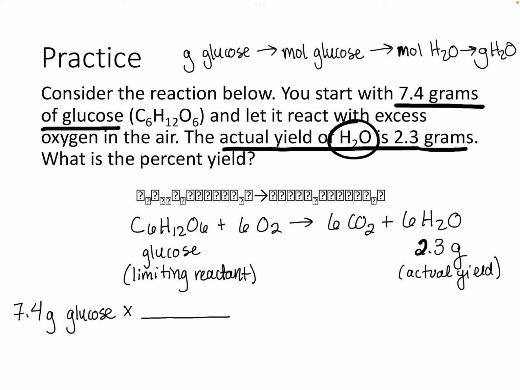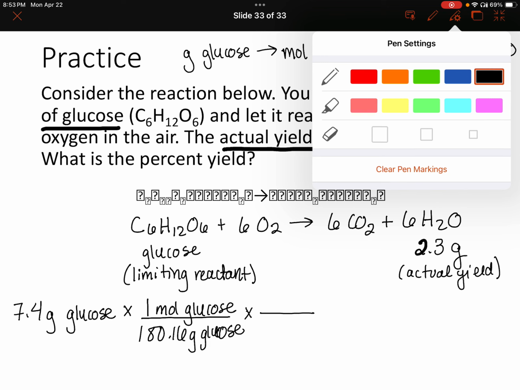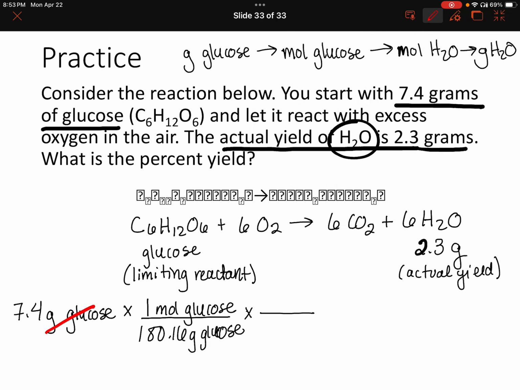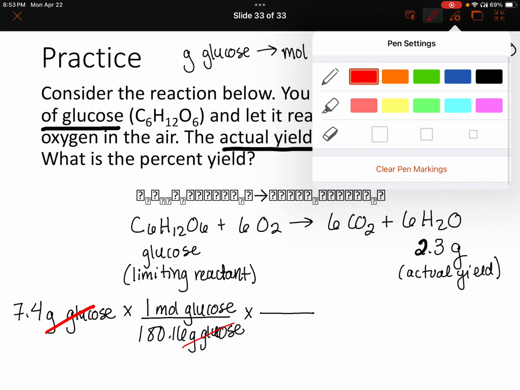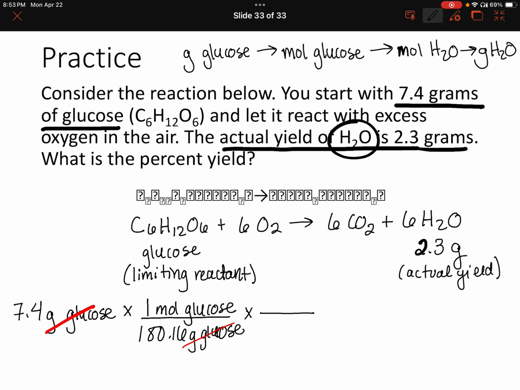So again, here we're converting grams to moles, so I'm going to put 1 mole of glucose in the numerator and 180.16 grams in the denominator. Oops, glucose. And then in the next step, we're canceling grams of glucose and we're left with moles. So now we're going to convert moles of glucose into moles of H2O.